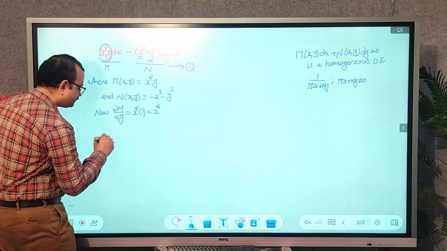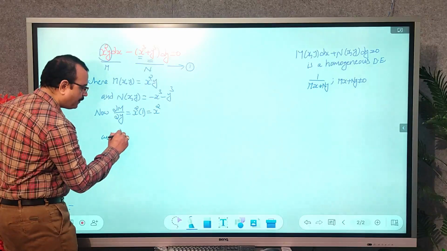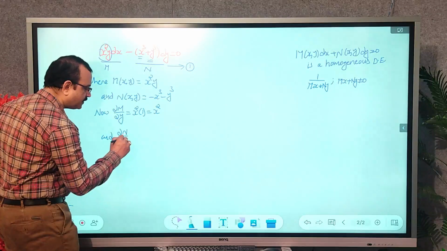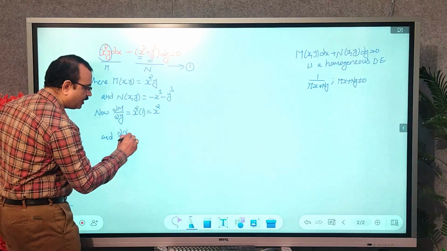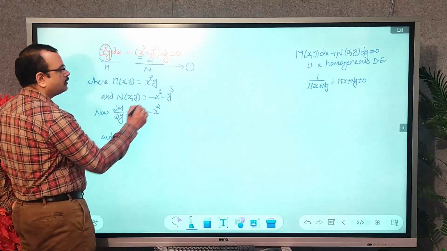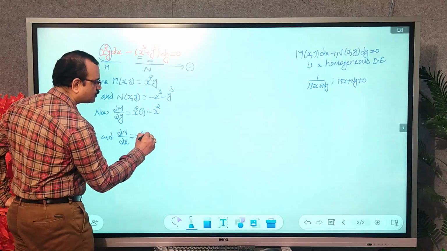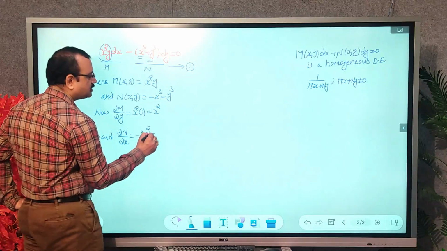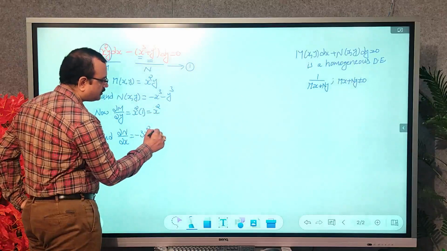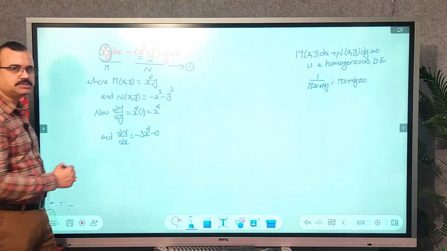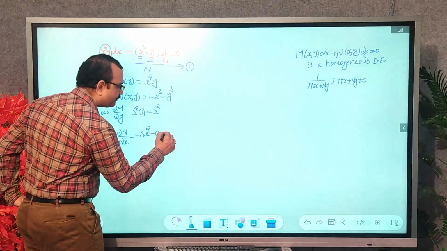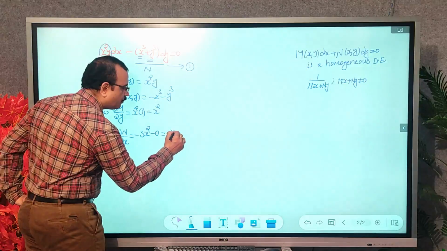Similarly we find the partial derivative of N with respect to x, that is dou N by dou x. The derivative of x cube is 3x square, so minus 3x square, and y cube is a constant, so its derivative is 0. So we get minus 3x square.